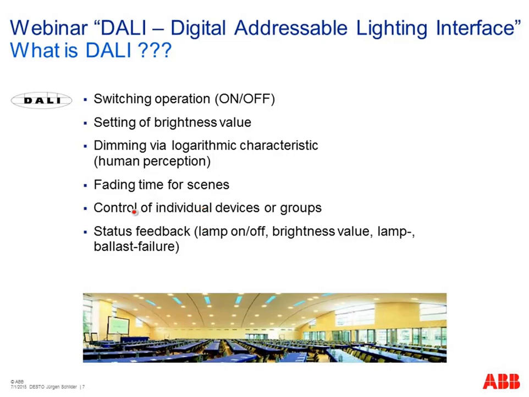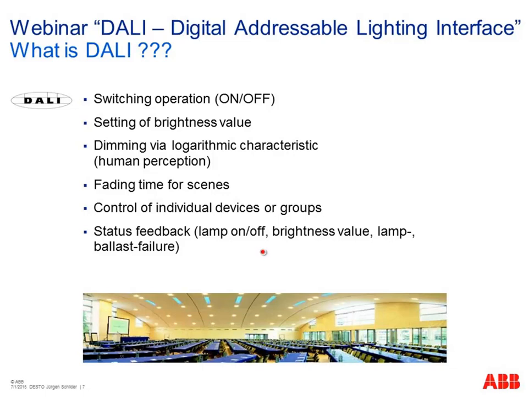And a further important aspect is the status feedback we can get out of the system. Typically status messages like, is the lamp on or off, what is the actual brightness value. But even more important is the information whether there is any lamp failure or electronic ballast failure, which of course leads to a malfunction of the lighting, at least of part of the lighting.